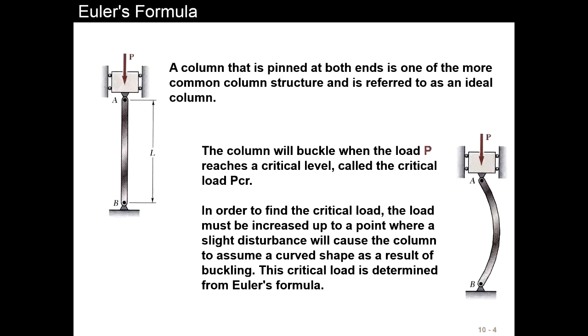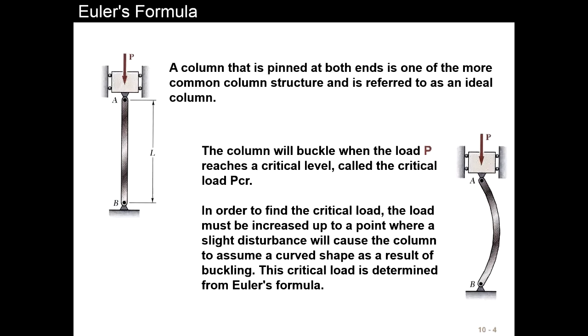And then you'll find that in order to use this in design next year, you need to consider the different ways that this column can be fixed at either end, because we don't really have columns where they're all pinned. If it's reinforced concrete, it's fixed straight into the ground, so it's a fixed joint.